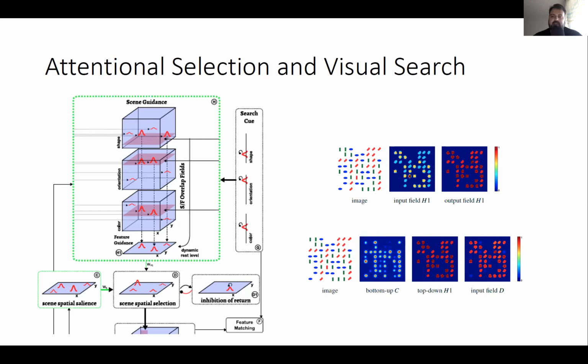This bottom-up saliency doesn't help to find the target, but is a source of noise, because if something is very salient in the bottom-up path, it will overcome this guidance. So even if the guidance said, okay, this is probably not an object that is interesting to look at, because it has a high bottom-up saliency, it will still compete for selection, and there will be cases where these objects will be selected. And this is also in the experimental data from Nordfang and Wolfe.